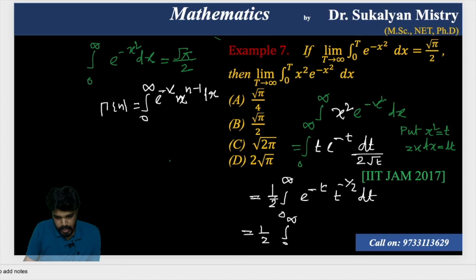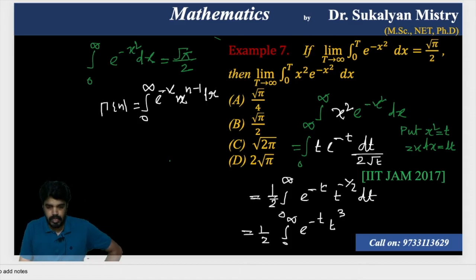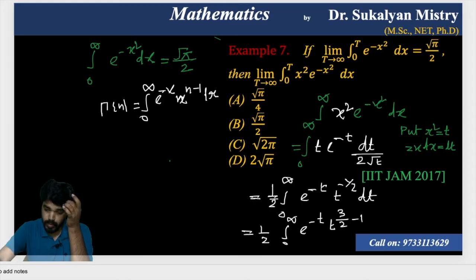So, this can be written as e to the power minus t into t to the power n minus 1. What is n? Here t to the power half is t to the power 3 by 2 minus 1.